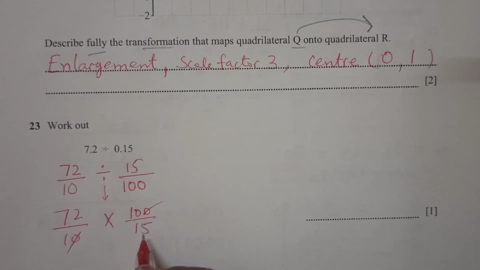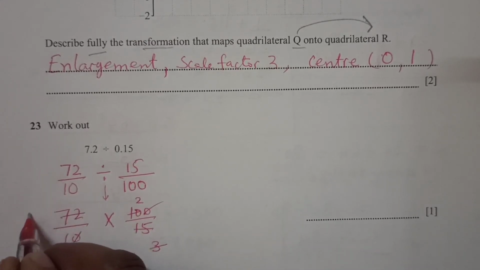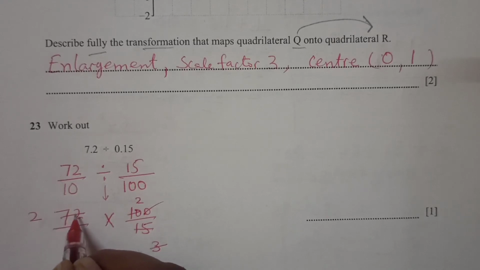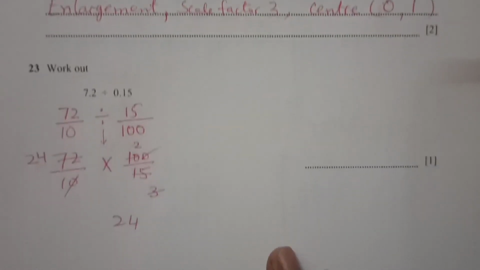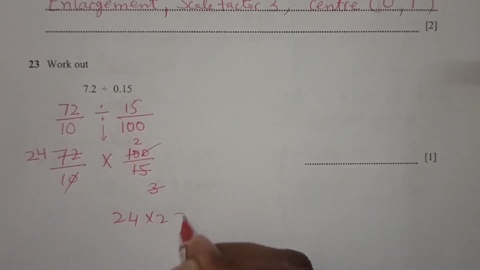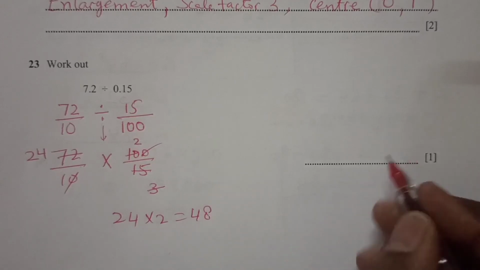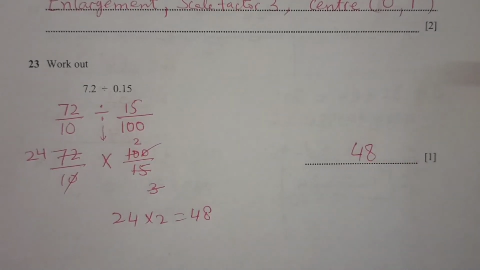So even we can do first this one, 5 times 3, and this is 5 times 2, right? Then this 3 times 2 is 6, 4 times 6 is 24. So we are left with 24 times 2, which is 48. So our final answer is 48.